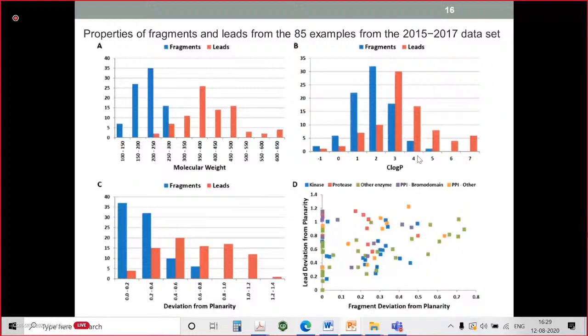And if we correlate the log P value with Lipinski's rule of 5 and rule of 3, these examples prove that most of the fragments and lead molecules obey Lipinski's rule of 5, or for the fragments, we actually follow the rule of 3.